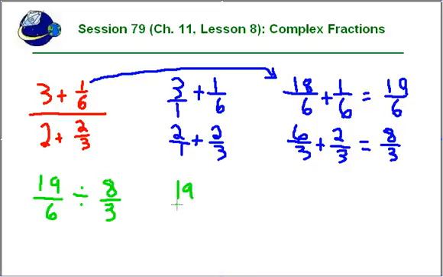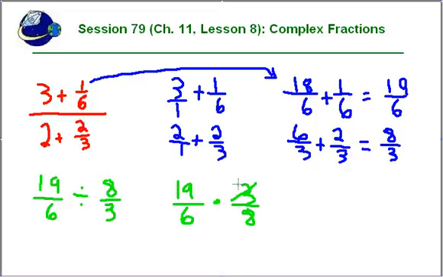We're going to rewrite our 19 over 6. We're going to leave our first fraction alone. Since we're dividing by fractions, we're going to write the reciprocal of 8/3, which is 3 over 8. And we're going to change our division to a multiplication. Because remember, to divide by a fraction is the same thing as multiplying by that fraction's reciprocal.